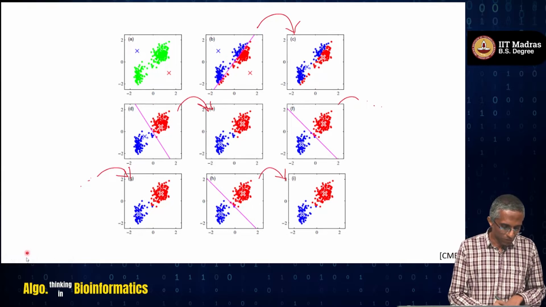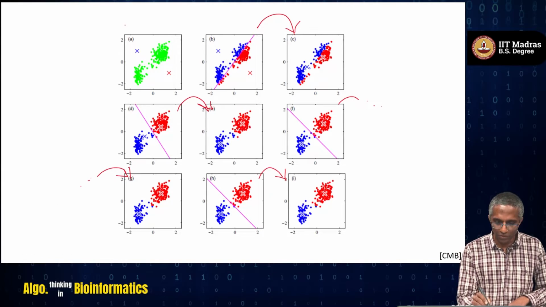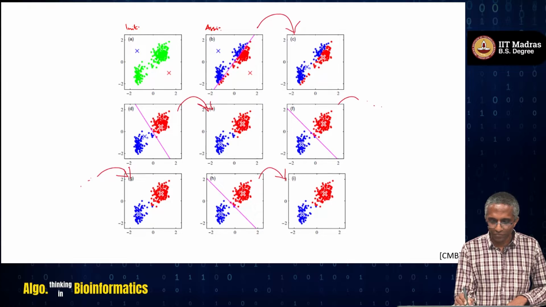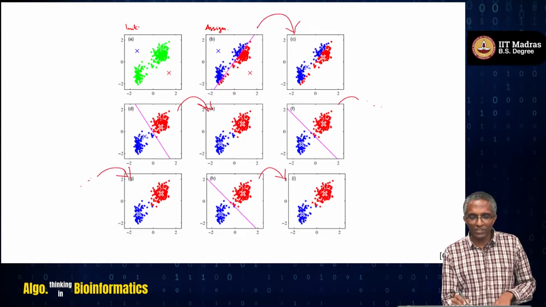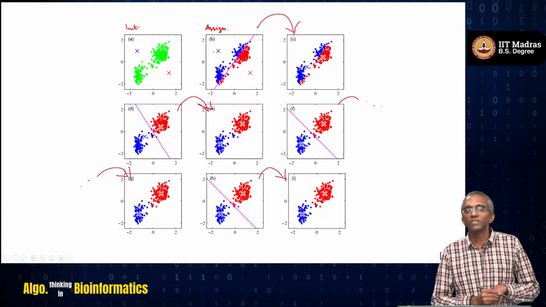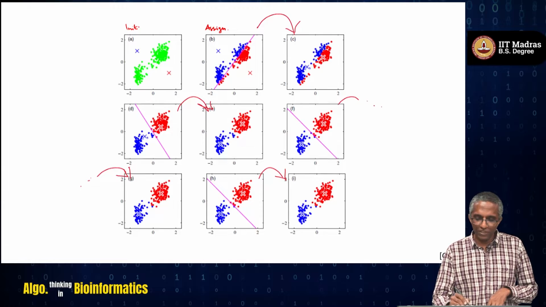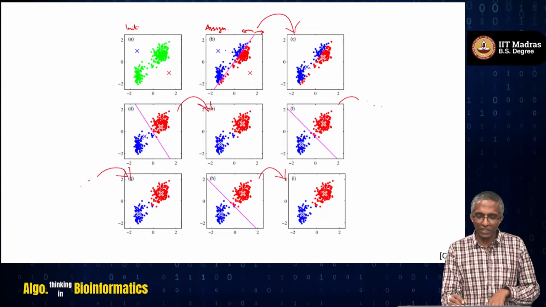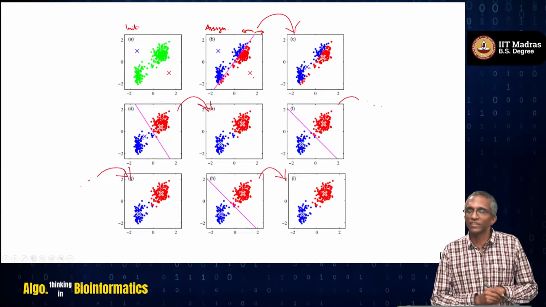This is the initialization step, and this is the assignment step, where you are assigning every data point to the closest center. This line tells you that everything on the left of the line is closer to blue and the right of the line is closer to red. So, every data point closest to blue is assigned blue, and every data point closest to the red center is assigned red.